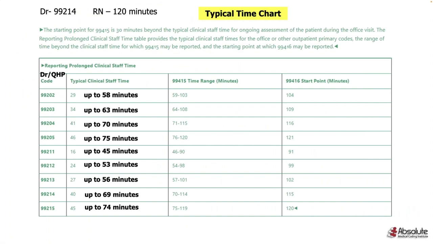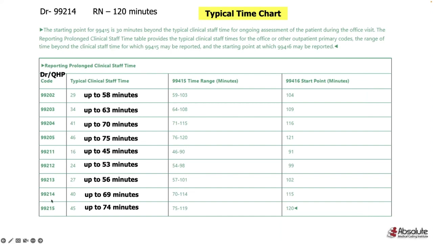This is the typical time chart for the clinical staff. So let's find the provider's code. It's based off of the doctor or QHP's encounter code. And our encounter is 99214.